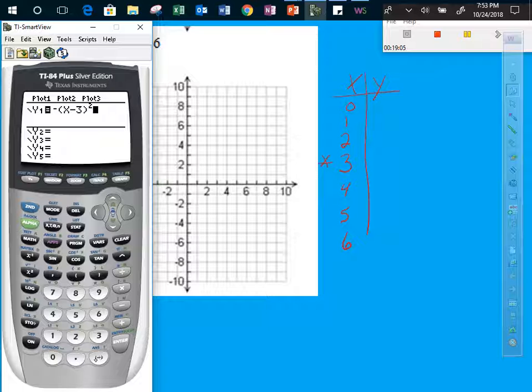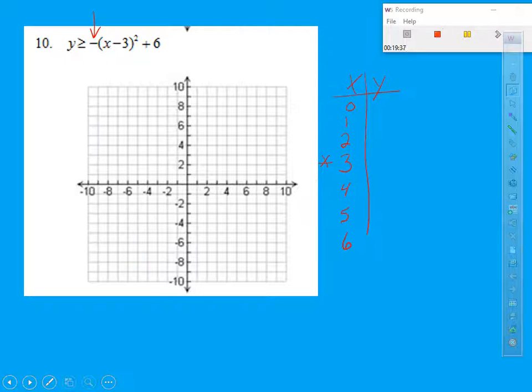Here's the negative, here's the minus, and then I got plus 6. Fix it to where 0 is at the top, and then right away you're going to know if you've got them right. So it looks like I've got negative 3, 2, 5, 6, 5, 2, and 3.